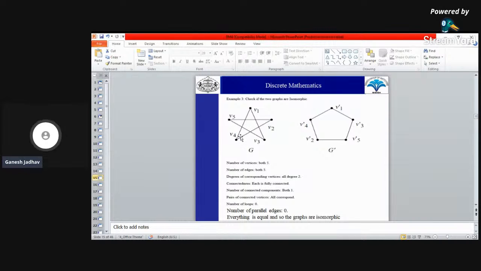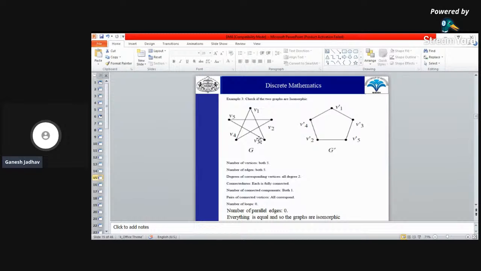Then the number of edges: 1, 2, 3, 4, and 5 here, and 1, 2, 3, 4, and 5 here. Get it now? The edges are also the same.